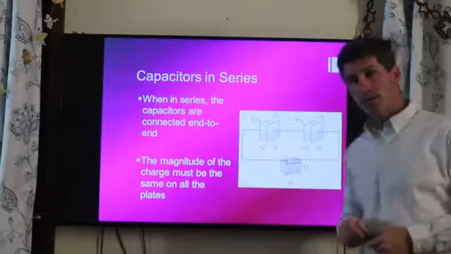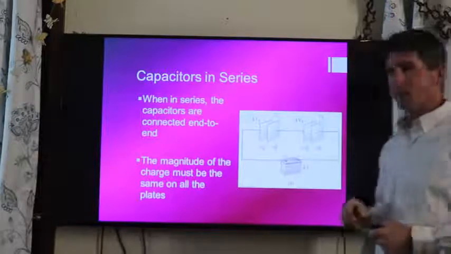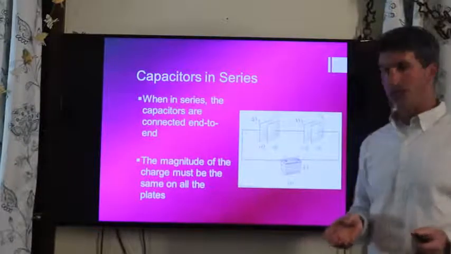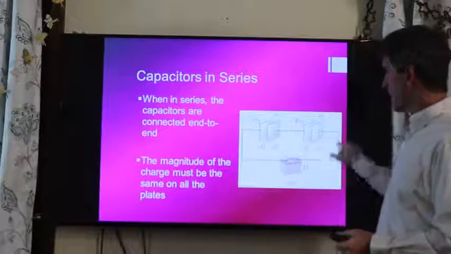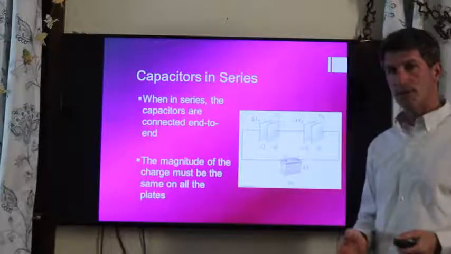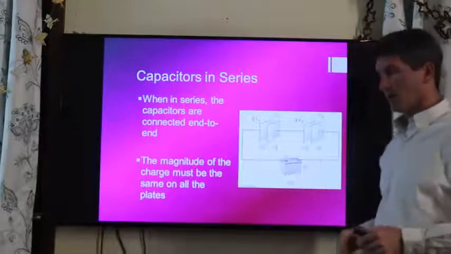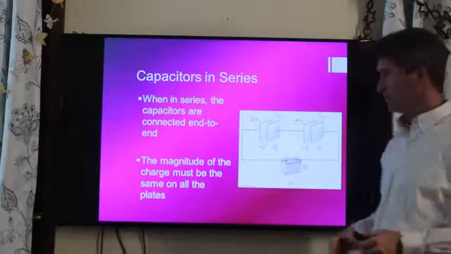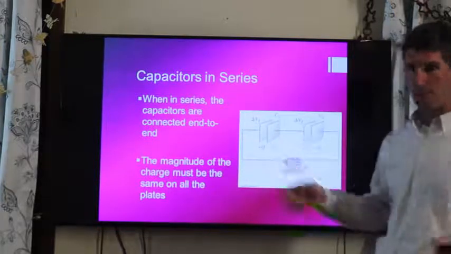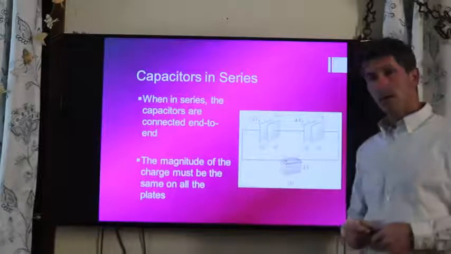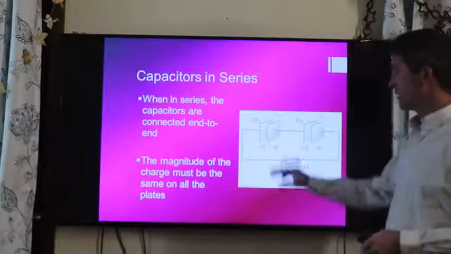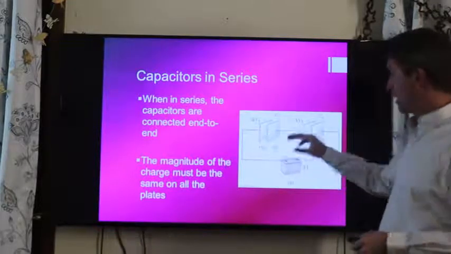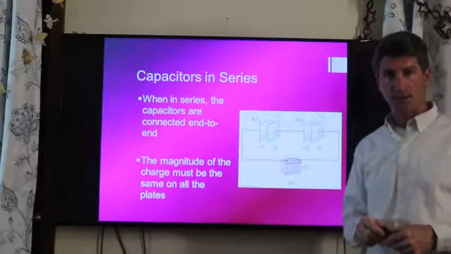Now, when we do something in series, we've got to be a little more careful. They're still connected to the battery. However, think about what's happening. The battery provides 18 volts. Well, let's say that it provides 18 volts. With these capacitors, you will get a voltage difference across this one and a voltage difference across this one.